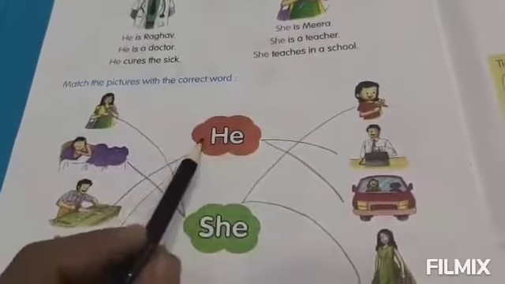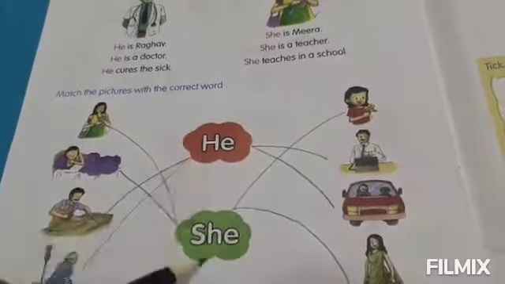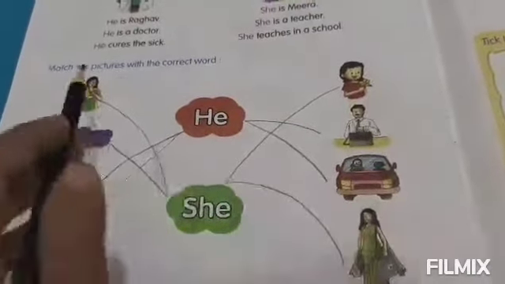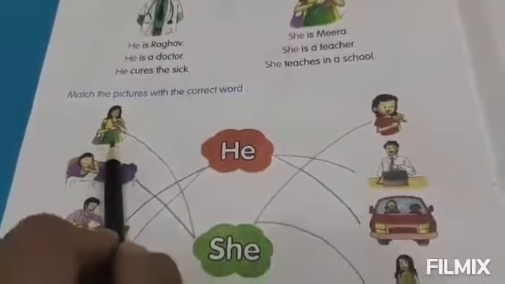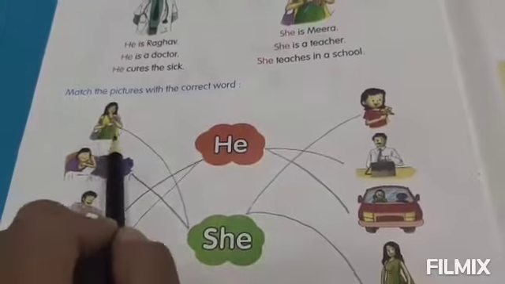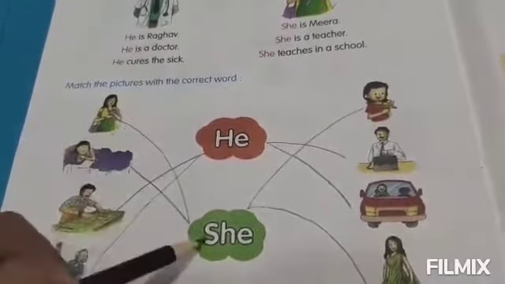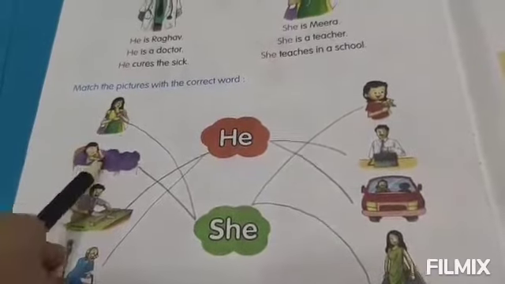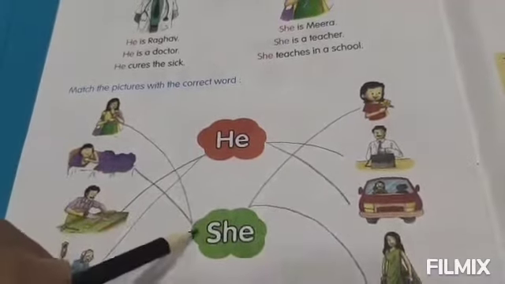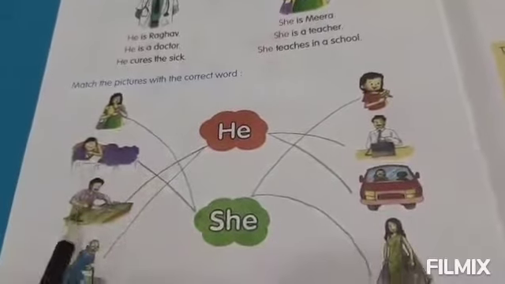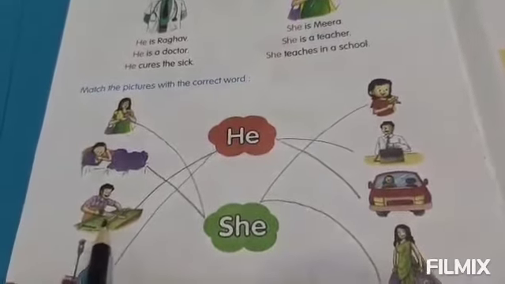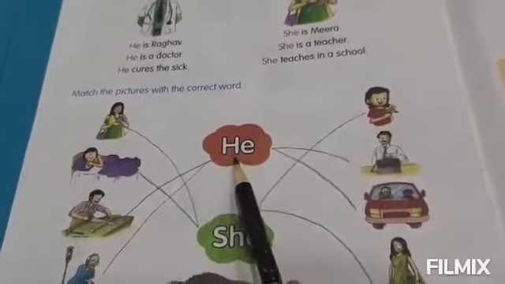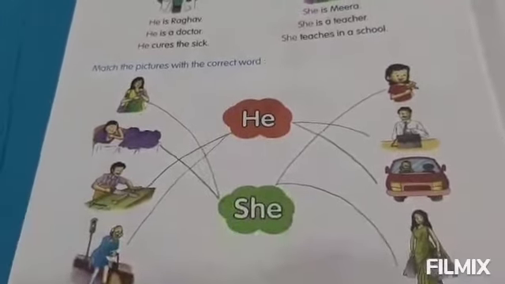Match the picture with the correct word. Here there are two words, he and she, and some pictures. This is a picture of a girl, so you have to match with she. Picture of a boy means male, so match with he.